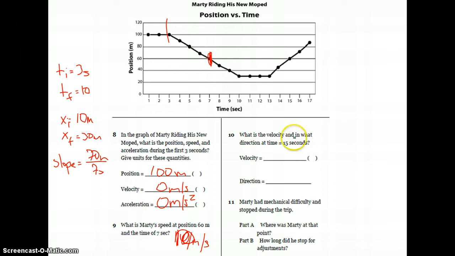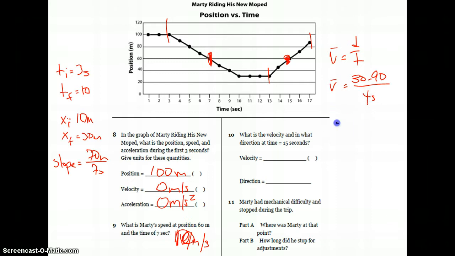All right, what's the velocity and what direction and time at 15 seconds? So right here. And we can do that one pretty similar to the way we did the last one by just taking our average velocity right here. So our average velocity, our distance over our time. So on that one, we've got our distance is going from 30 to 90, and our time going from 13 to 17, so that's 4 seconds.